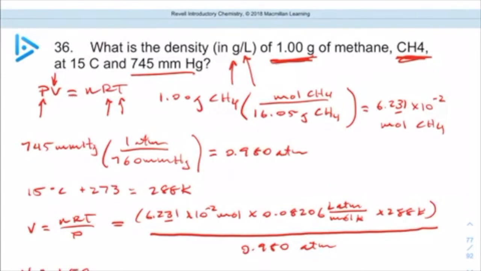And we'll find out that the volume equals 1.5 liters. So the density equals 1 gram divided by 1.5 liters, ends up being 0.667 grams per liter. Nice and involved problem. We got all kinds of writing on that slide.